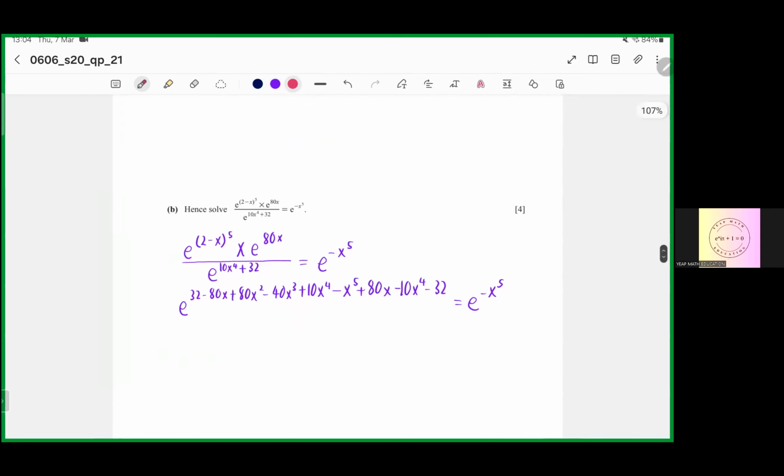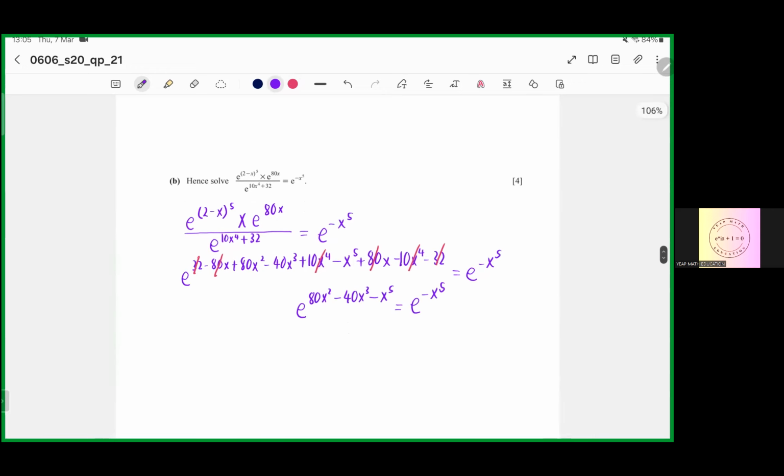Okay, now we can start to cancel. 32 just cancels, here also cancels. Now we get 18x squared minus 14x cubed minus x to the power of 5 equals e to the negative x to the power of 5.